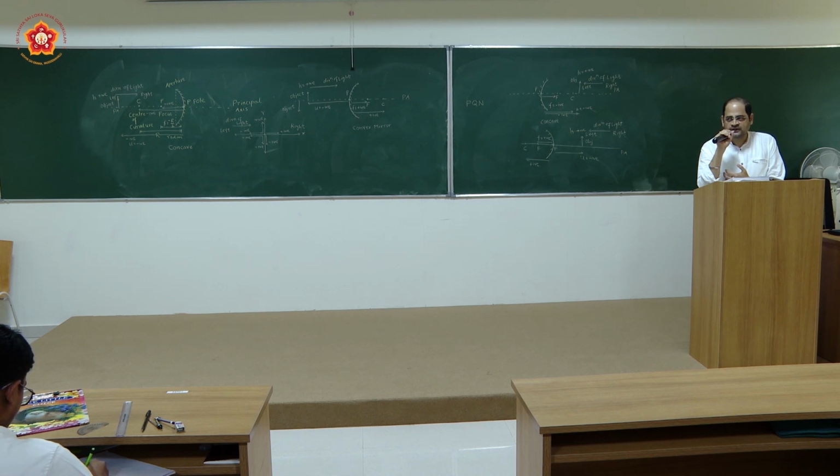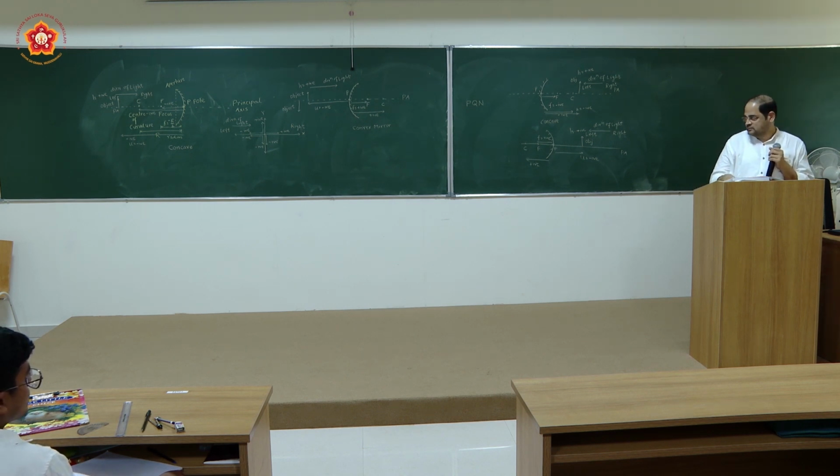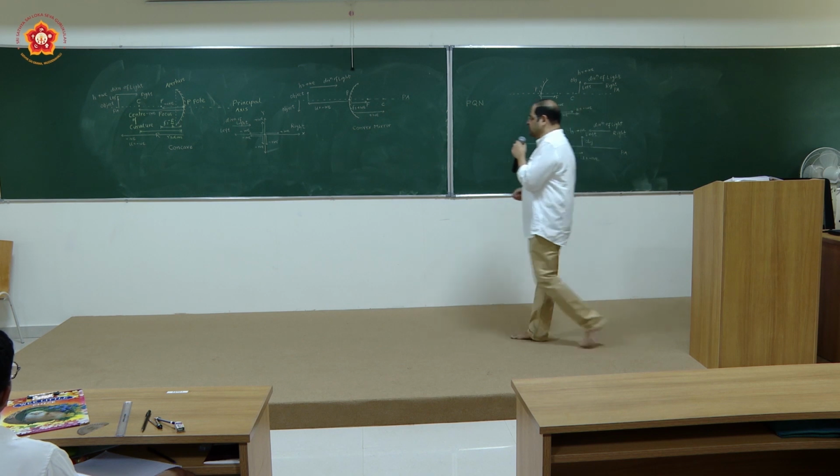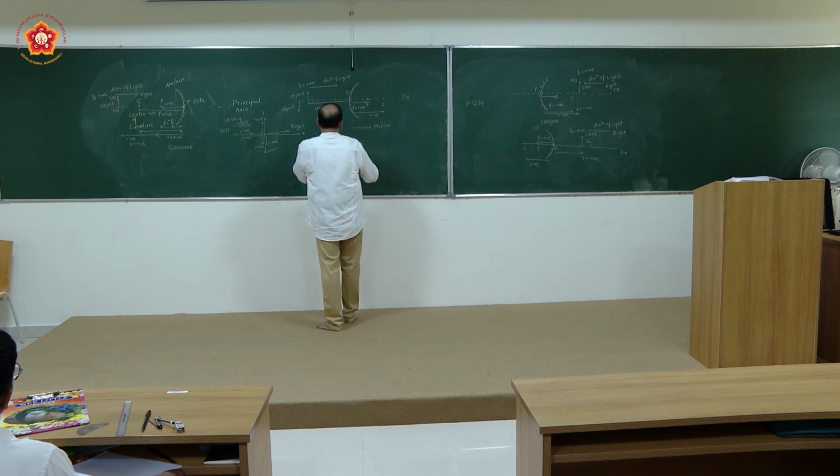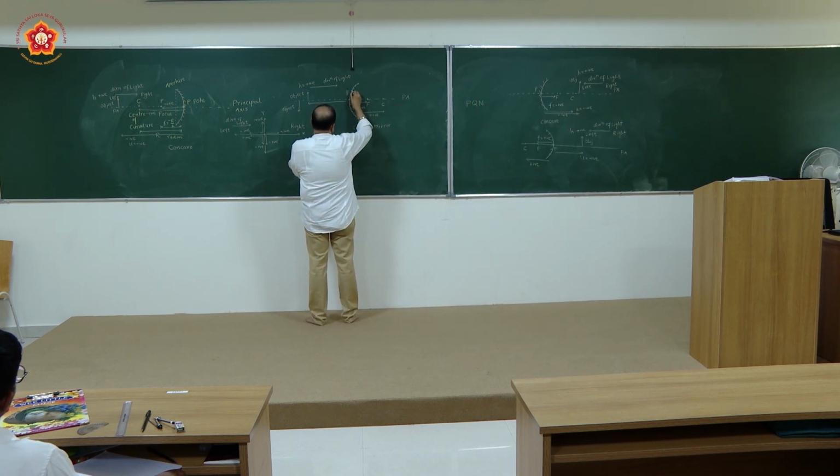So in case of spherical mirrors, where will the normal be? At the pole, you are having a normal. Tangent. So suppose this is the center of curvature, and I am joining a line from the center of curvature to this particular point.